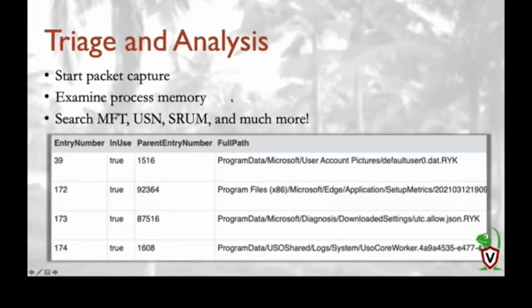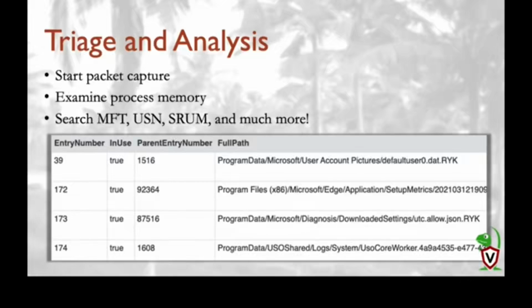Now, aside from the detection and the monitoring, when you're in the middle of a case or in the middle of an incident and you want to triage a host and analyze all the artifacts and all the data sources on that host, you can do stuff like start a packet capture. You can examine process memory, search for process injections, right? Depending on where you are in that response, you can search the MFT for a file, see if it exists on the host, see if it ever existed.